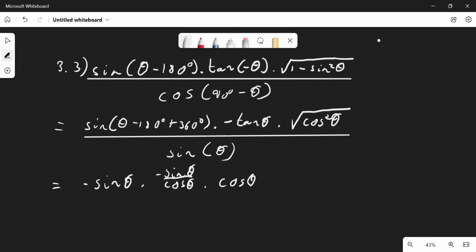So you see what happened here, this root cancelled out with the squared. All right, okay, so that all is over sine theta.